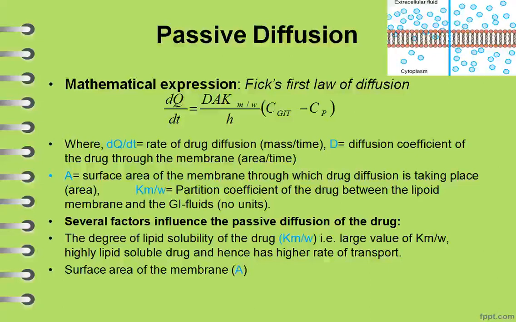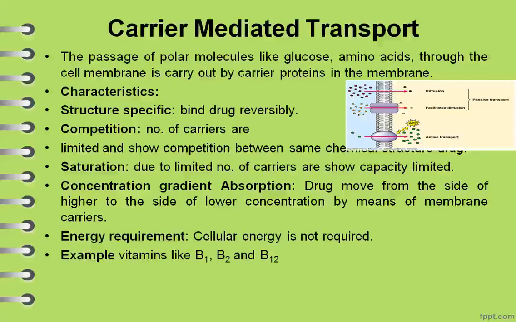Next, the surface area of the membrane. The higher the surface area of absorption, the higher the absorption rate. As the surface area of the stomach is smaller compared to the intestine, absorption is greater in the small intestine.